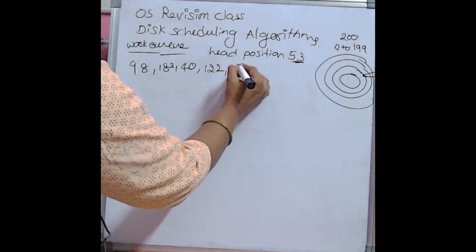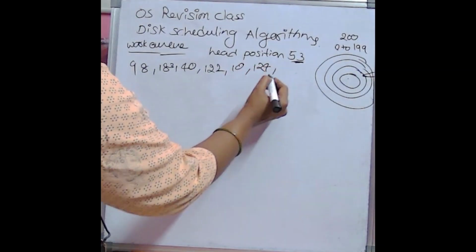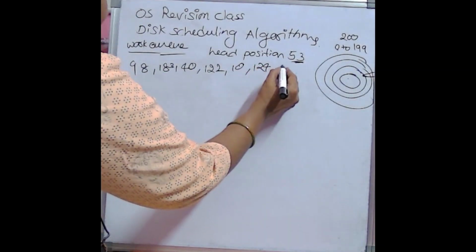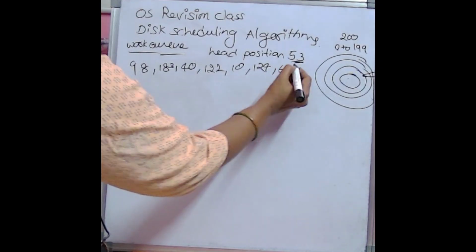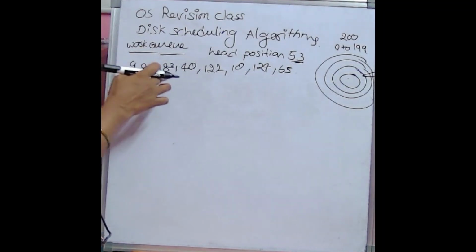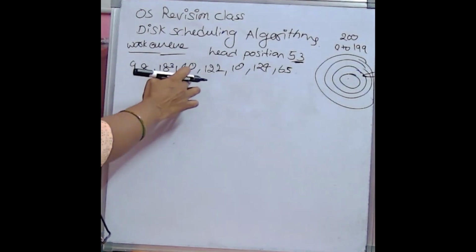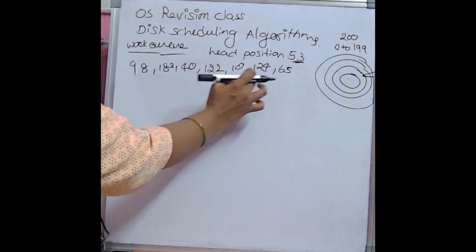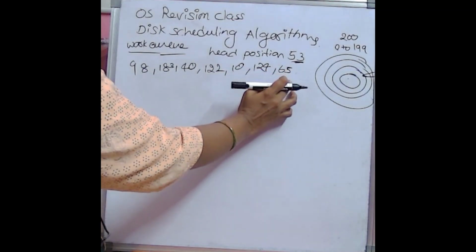To read or store the data, it needs to travel to these cylinder numbers: 98, 183, 40, 122, 10, 124, 65.